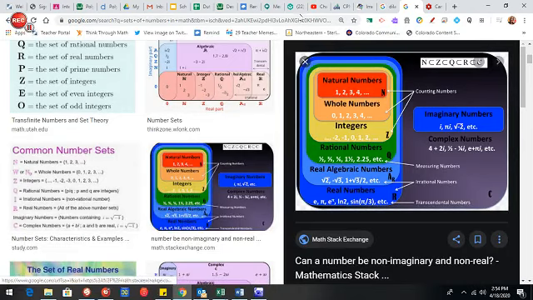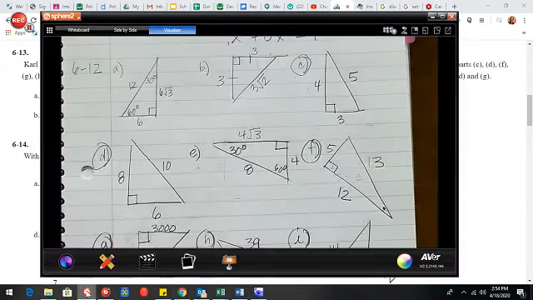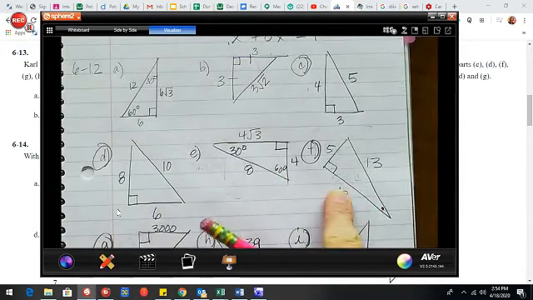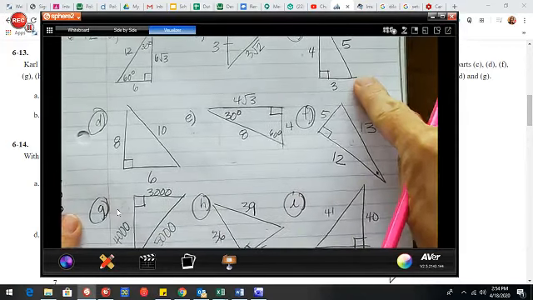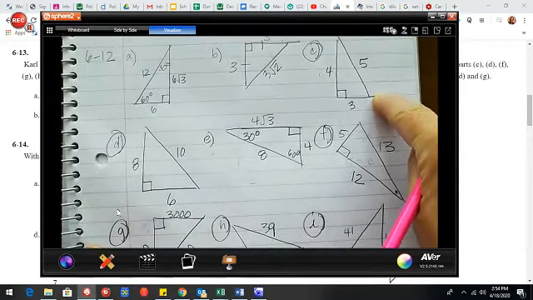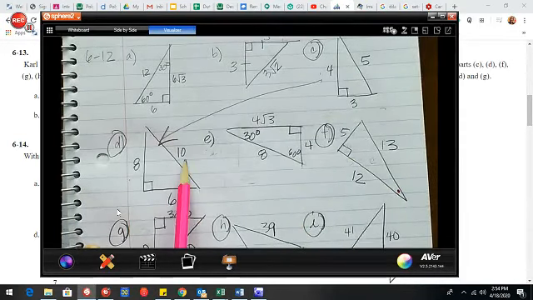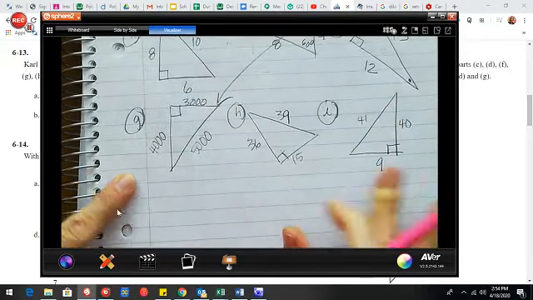So he notices these are all integers, and then he noticed that if he knew these three sides, then he could figure out these three sides, or it helped him figure out these three.